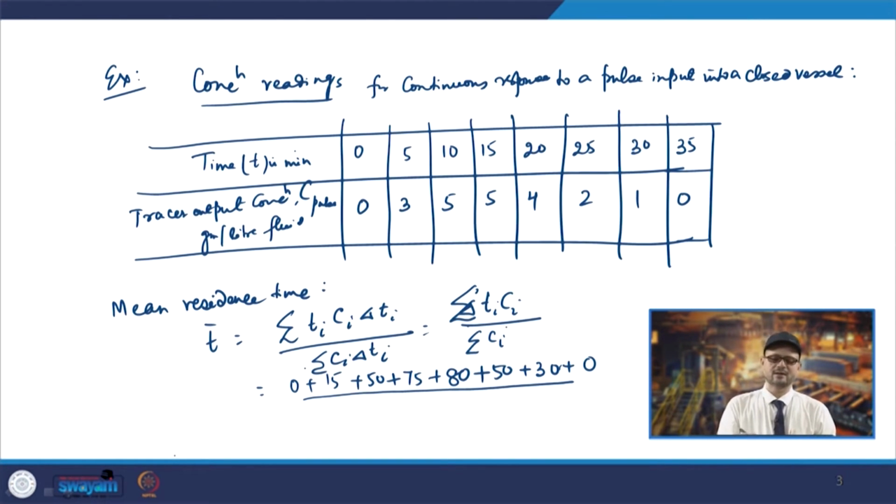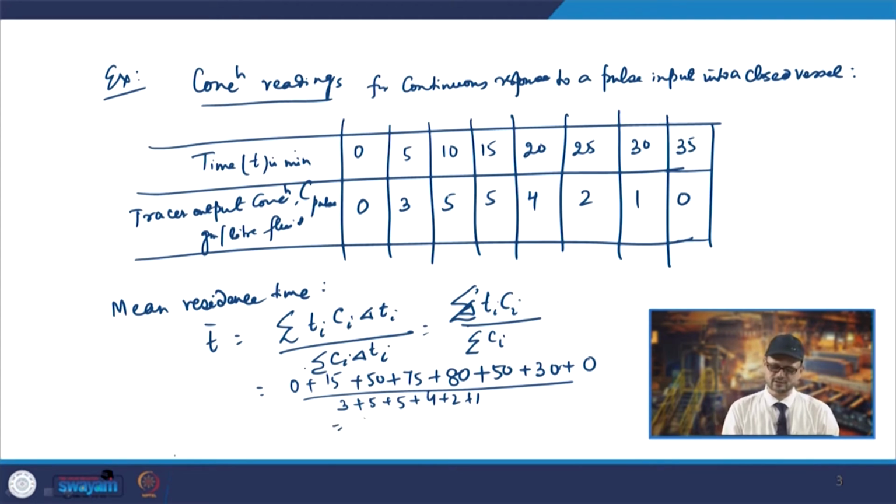Then you have the concentration summation, that is 3 plus 5 plus 5 plus 4 plus 2 plus 1. So, the Ti Ci sum comes to 300, and the concentration sum is 20.